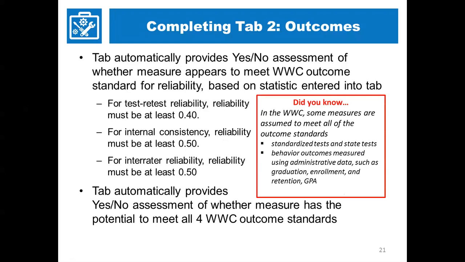And the one thing the WWC allows is if your measure is from a standardized test or a state test or a standard behavior or educational outcome such as GPA or graduation or enrollment, you do not need to further provide evidence of the psychometric properties of that measure in order for it to meet standards.